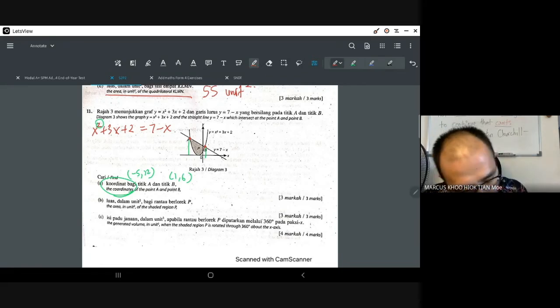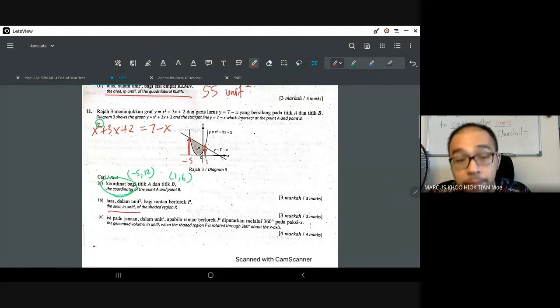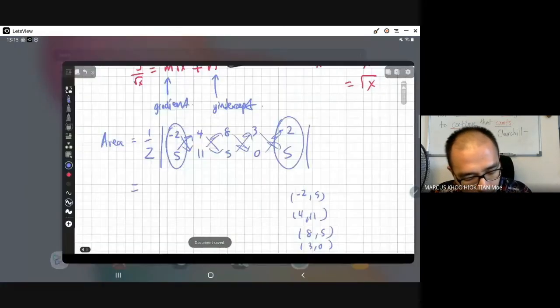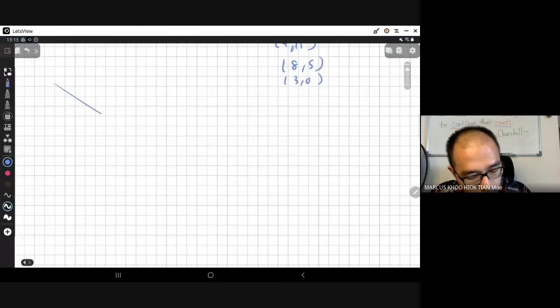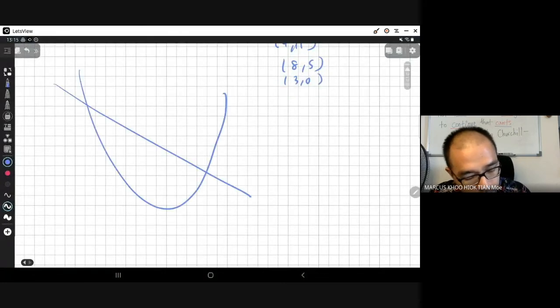Okay, area. Okay, the area of the unit over here. Okay, if you take a look at this, if the shaded region P is from this point to this point, where x is negative 5 and 1. Okay, now if we separate it out, let me draw it out. Okay, so it's like this and like this.